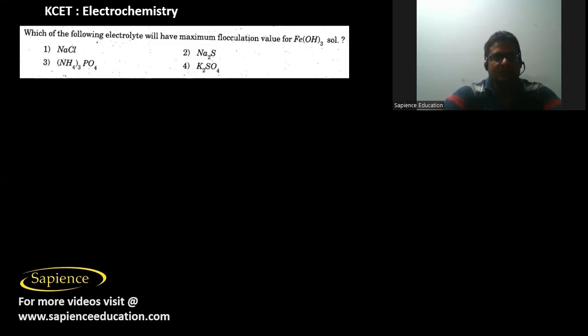Then it is asked which of the following electrolytes will have the maximum flocculation value for ferric hydroxide, Fe(OH)3 solution.